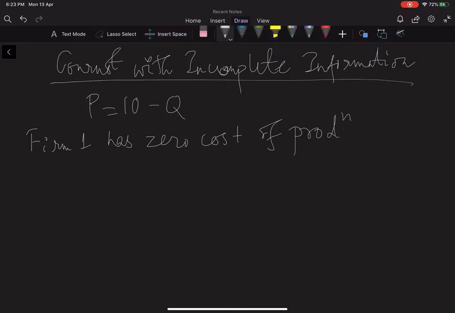Firm 2, on the other hand, can be one of two possible types, right?